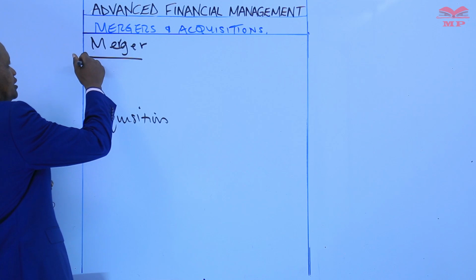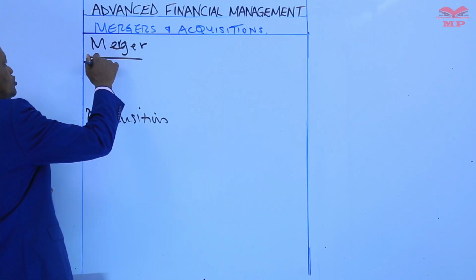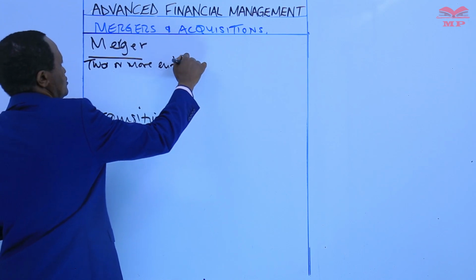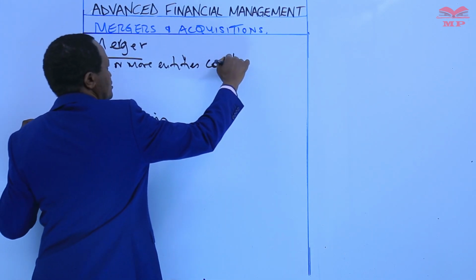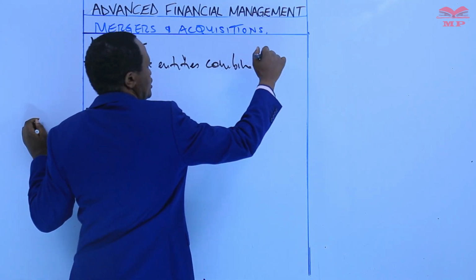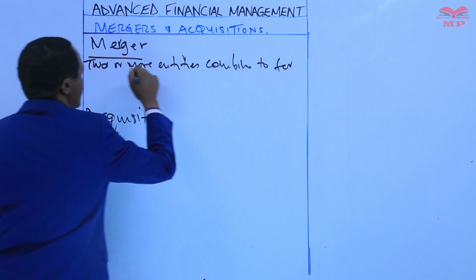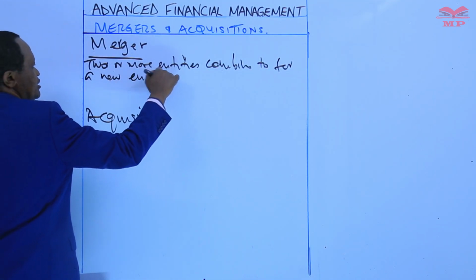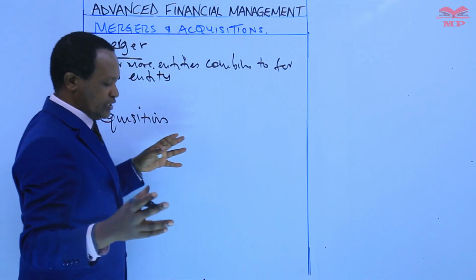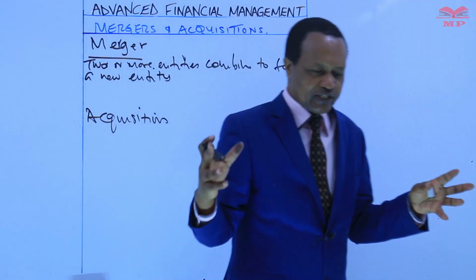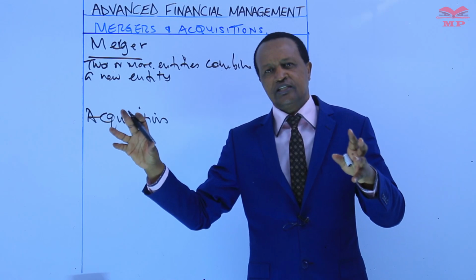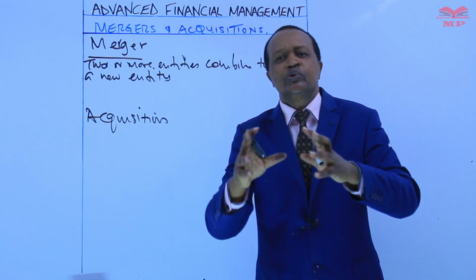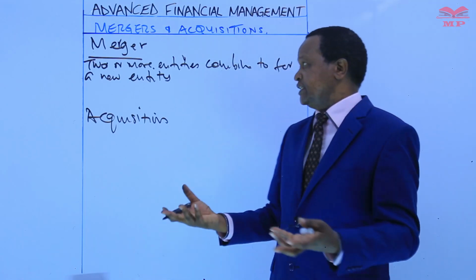It is where two or more entities combine or join together to form a new entity. The entities that are coming together lose their individual identities, and they form an entirely new single entity.